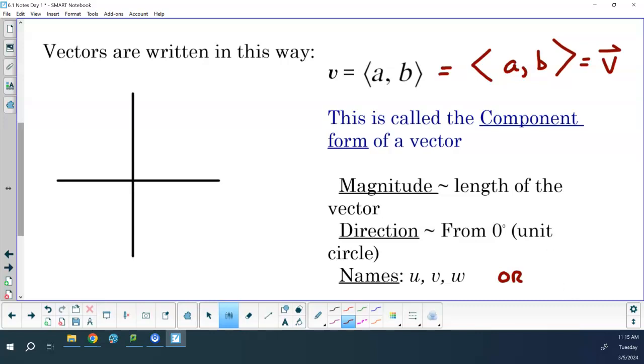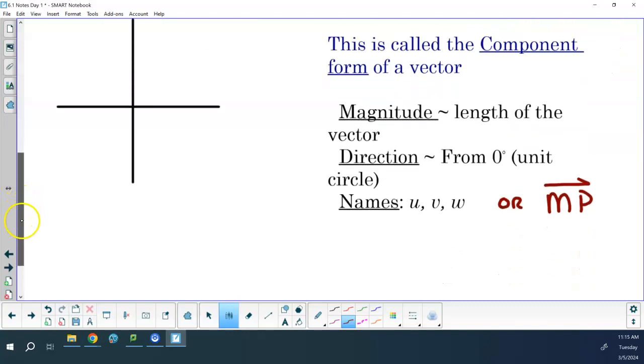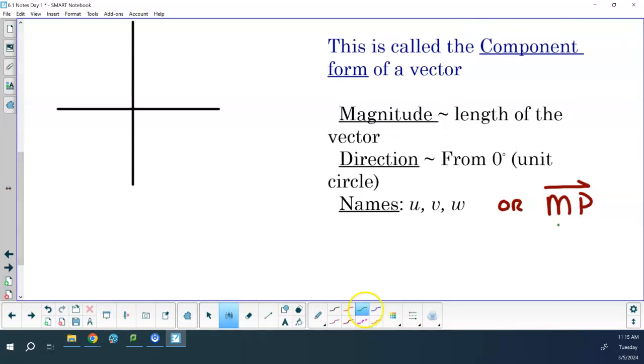Like if I'm going through the points, say, M and P, it always goes, if we're naming it with two points, the first is the tail point and the second is the head point. It always goes tail first, then head, if you're going in the two point way. Makes a difference.